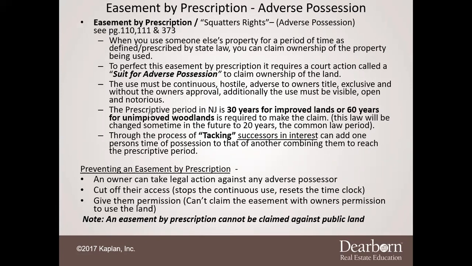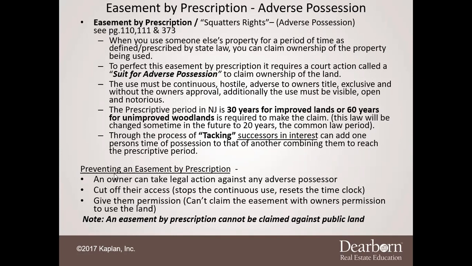Additionally, the use has to be visible, open, and notorious for the prescriptive period of time as required by law. In New Jersey, it's 30 years if it's improved land, 60 years for unimproved land. And through the process of tacking, successors in interest can add one person's time of possession to that of the other, combining them to reach that prescriptive period.